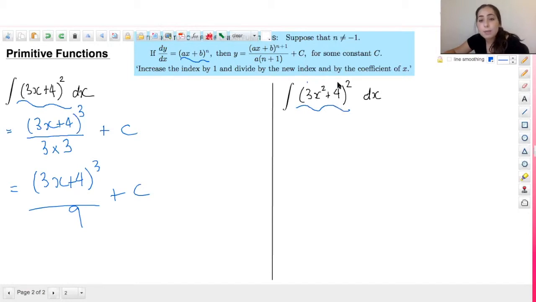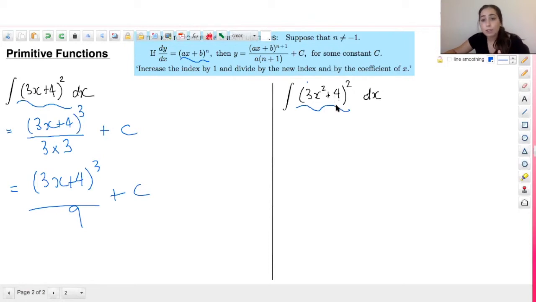And the reason is because the expression that exists in the brackets is not a linear expression. This has a power of 2, which is a quadratic expression, and therefore this formula does not hold true for this question. So instead, what we must do is expand this and then integrate each one separately.